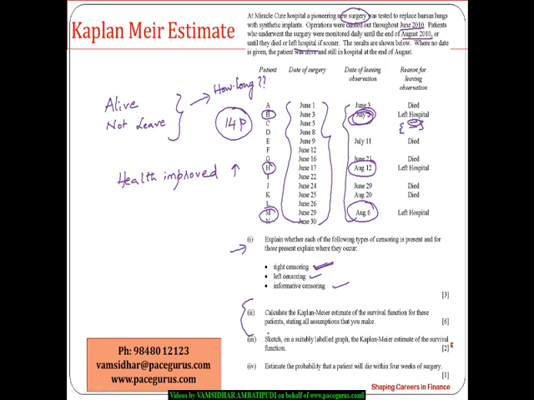Now the next question which I am interested in looking at is to calculate the Kaplan-Meier estimate of the survival function for these patients, stating all the assumptions. So this is where I need to compute the Kaplan-Meier estimate of the survival function. Right, we'll calculate it. For that, let me make a quick note of the time periods.